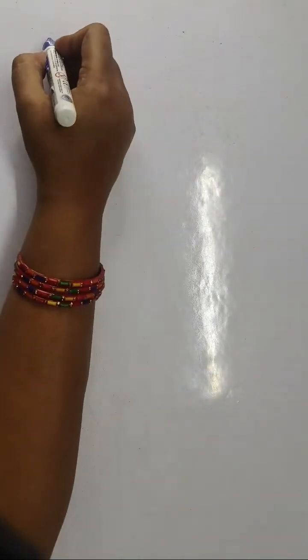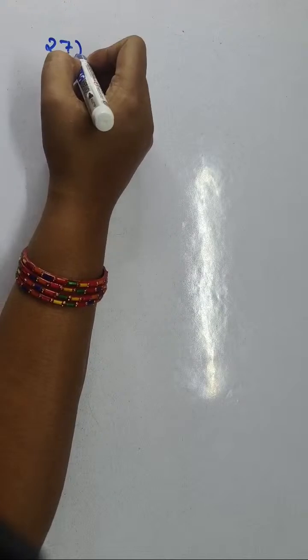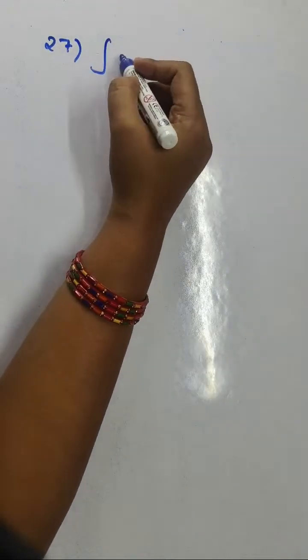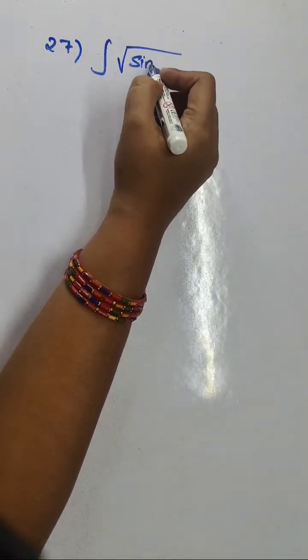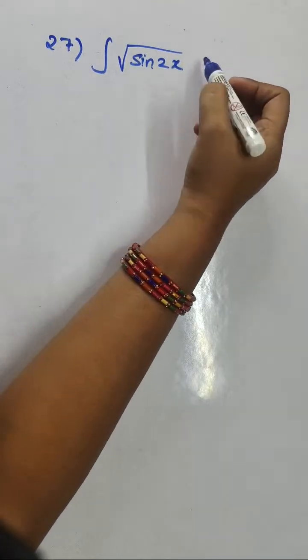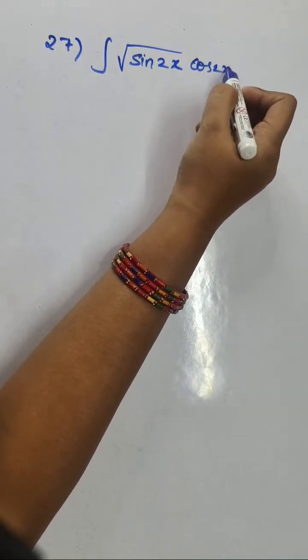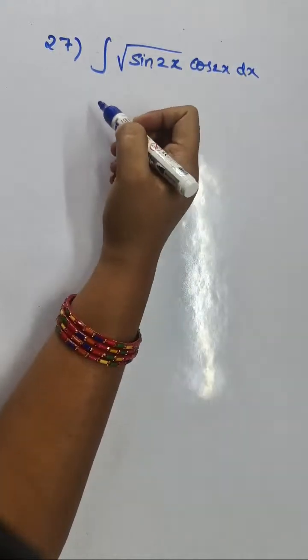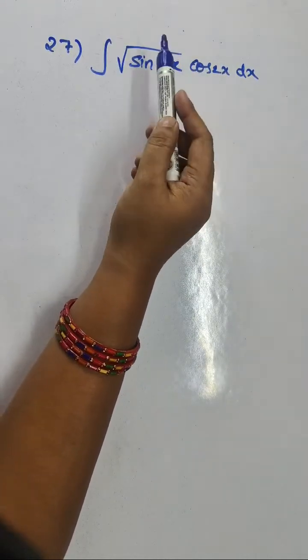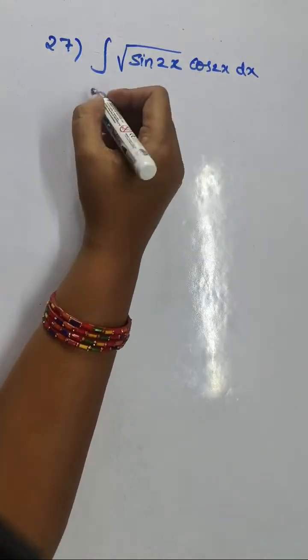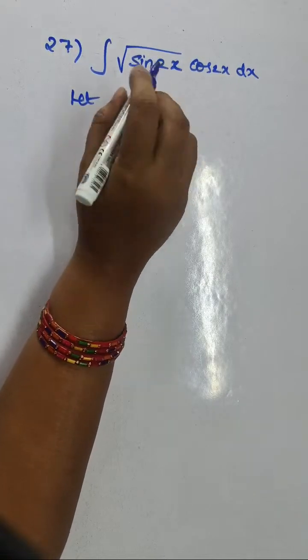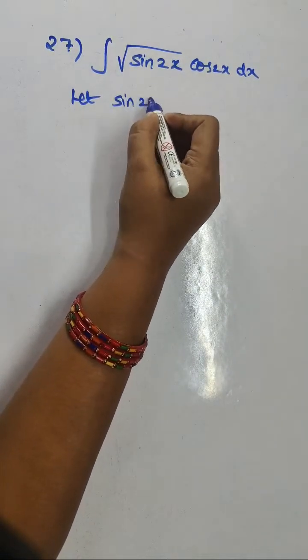Question number 27. Integral root of sine 2x cos 2x dx. Let's try to take this root of sine 2x as t, or just sine 2x as t.